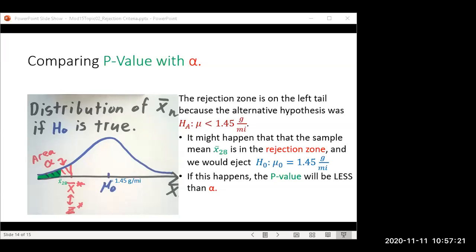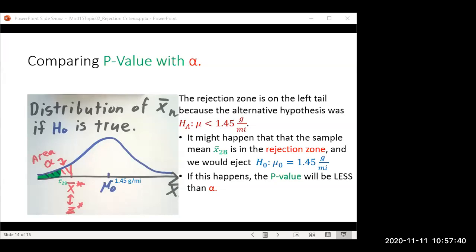Critical value is the red one with the star on it. Or if the z-score fell below the z-star. Just depending whether you want to talk in the grams per mile or the standard deviation units.